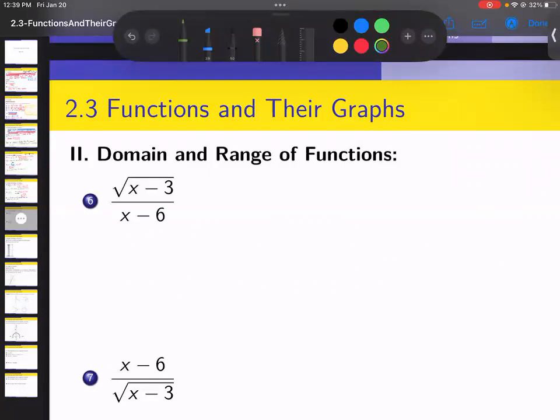Then you can take a look at each of them. Let's take a look at the top first. What restrictions should be on the top? First of all, it's the radical. It's the even radical. So what has to be under the radical? Well, the radicand has to be what?